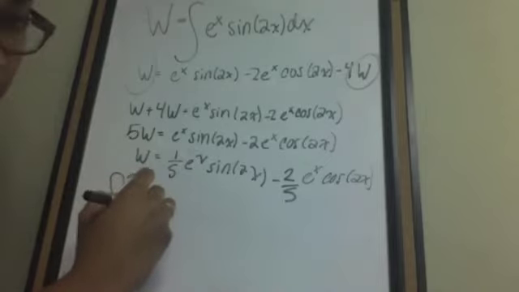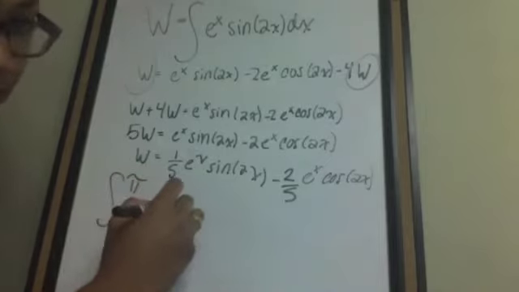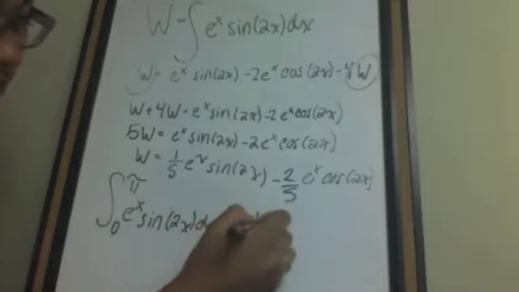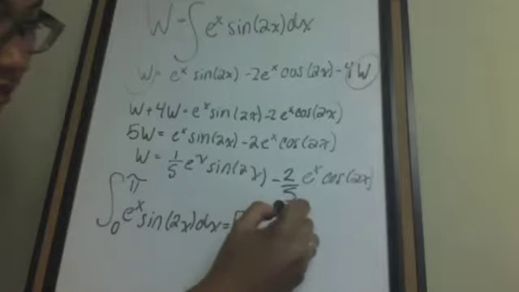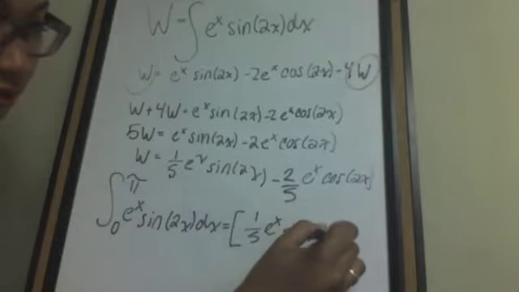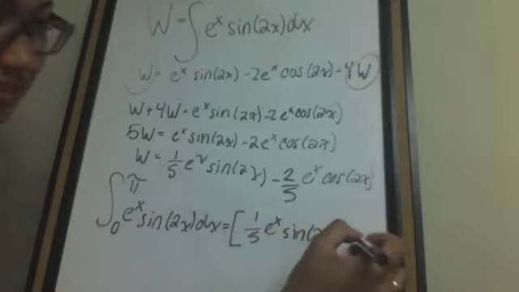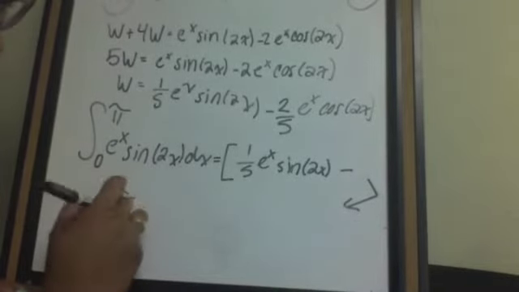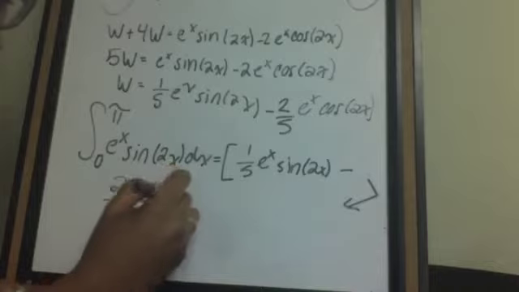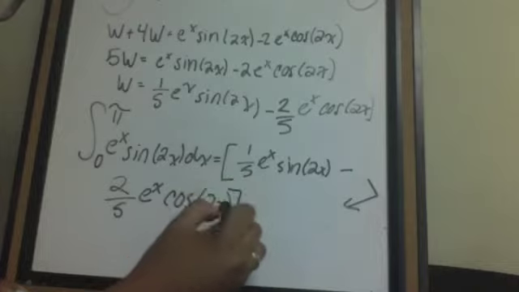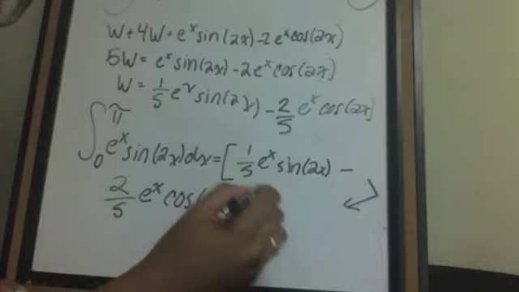The integral of e to the x sine of 2x dx equals 1/5 e to the x sine 2x minus, I gotta go to another row again, 2/5 e to the x cosine of 2x, and it is evaluated from 0 to pi.